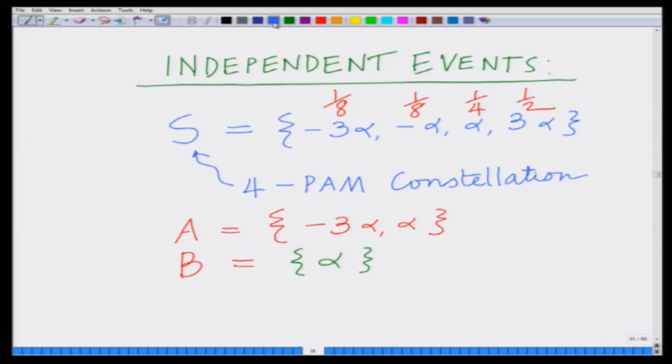So we had established in the last module that A and B are not independent.